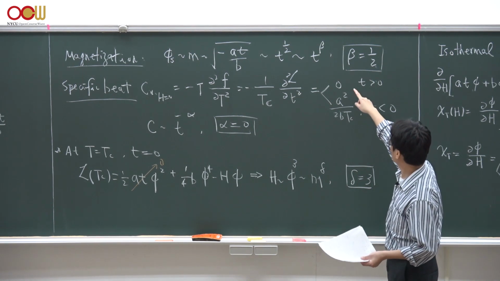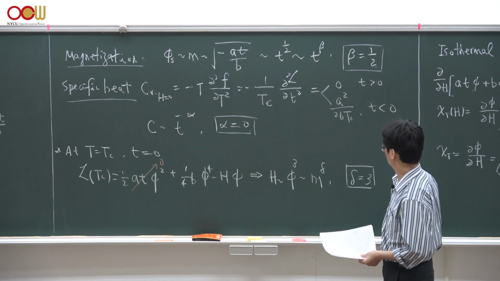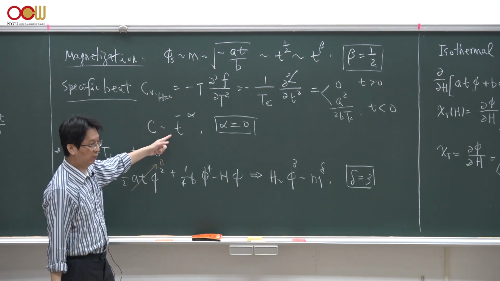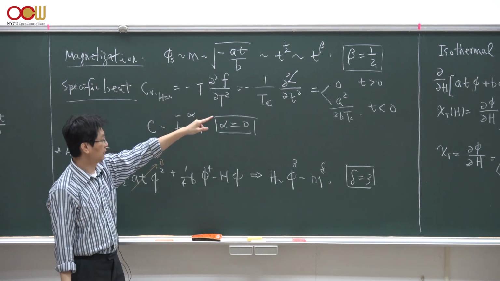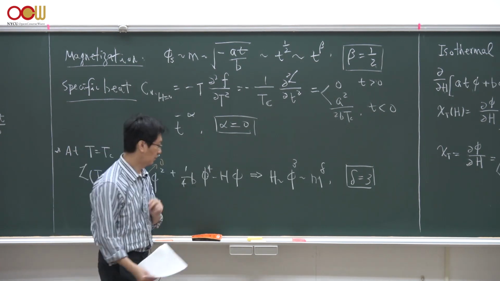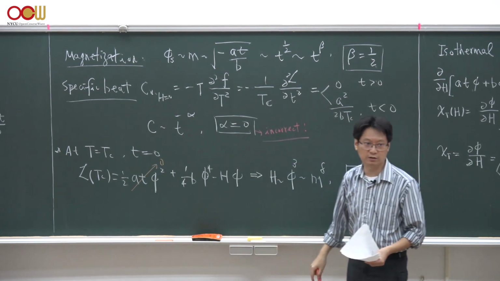And this is 0 above Tc, and a positive constant below Tc. So the specific heat is proportional to t to the power minus alpha, and here it is either 0 or a constant, and therefore alpha is 0. But we know that this is wrong. This is incorrect. So we will come back to this later.